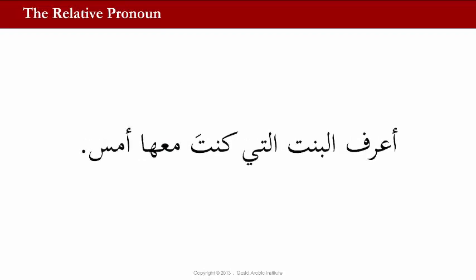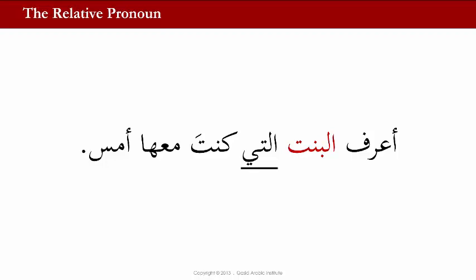Here's another example. أعرف البنت التي كنت معها أمس. I know the girl. Al-bint is definite. Now, because al-bint is definite, the relative pronoun that we use has to be feminine and singular, because al-bint is feminine and singular.